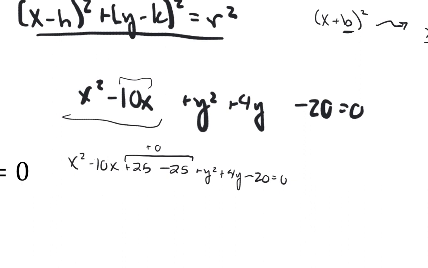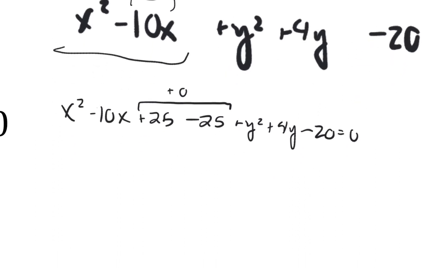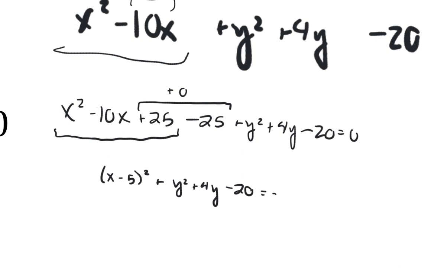There's nothing illegal about that. That's perfectly okay. It's like multiplying by 2 over 2 or something like that. But what that allows us to do then is say, okay, well, this portion can be factored into x minus 5 squared. Then combining like terms, we'll get (x minus 5) squared plus y squared plus 4y minus 45 is equal to 0.